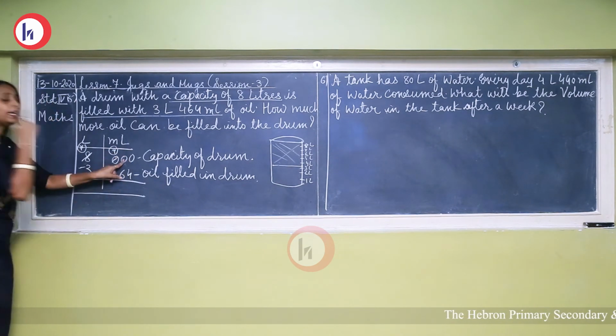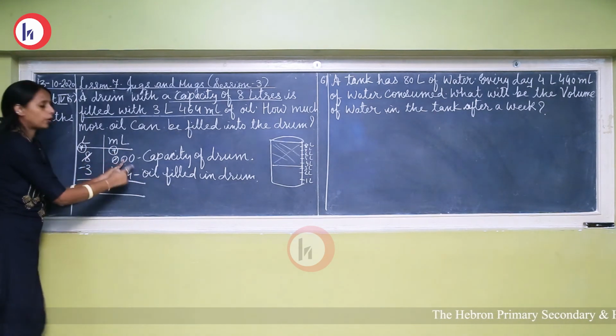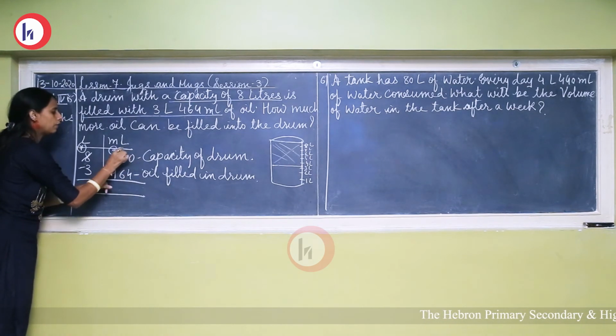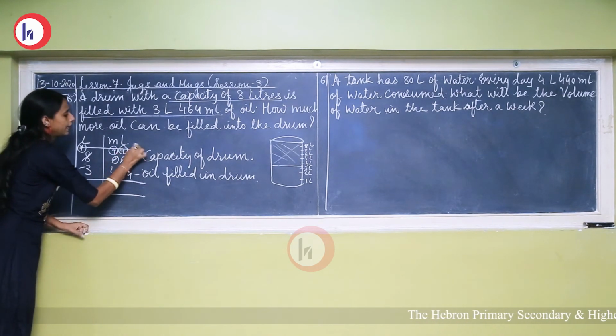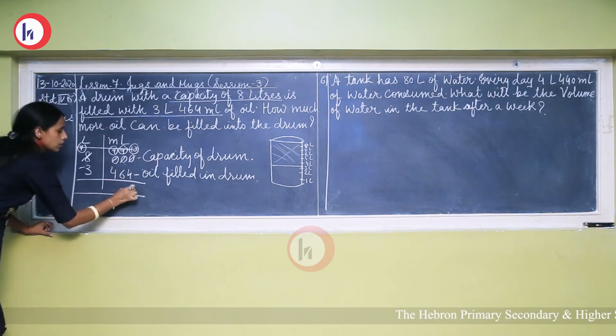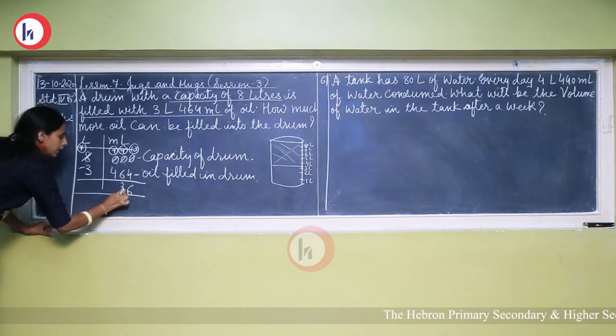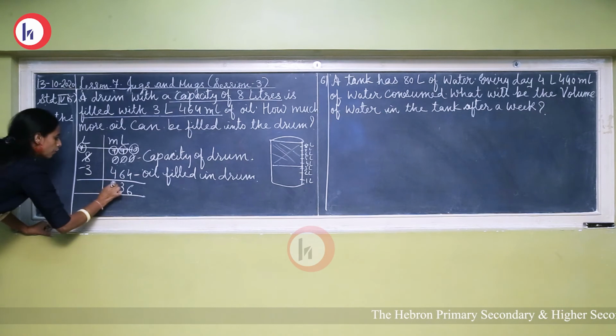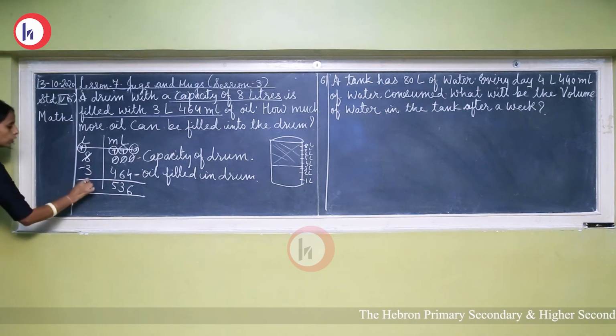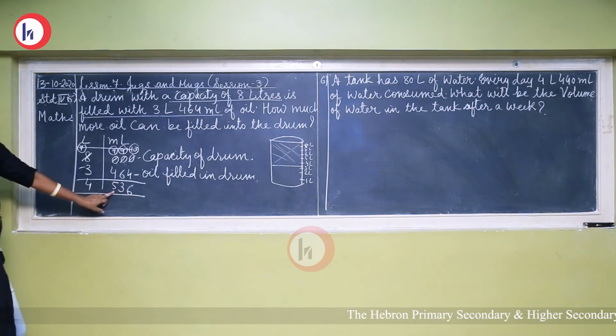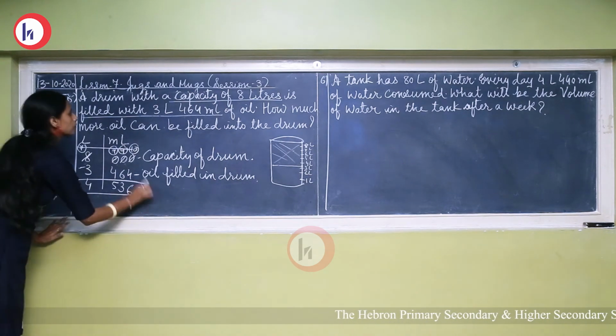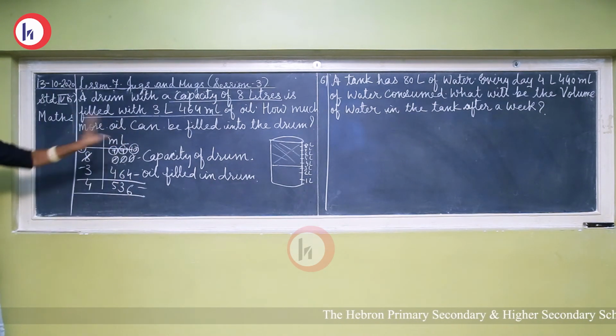Then here will be 10. So again we have to give borrow to this one. So here will be 9 and here will be 10. So 10 minus 4, 6. 9 minus 6, 3. 9 minus 4, it is 5. Now 7 minus 3, 4. 4 liter 536 milliliter oil can be filled into the drum.